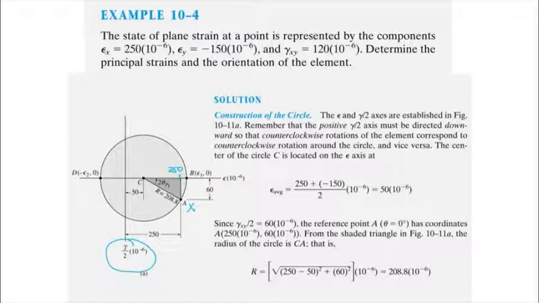So that's half, so it's 60. So we have 60 and it's positive, so it's downwards. So that is 60 microns. And where they intersect, we will have the first point. Then you join that point with C to get the straight line.